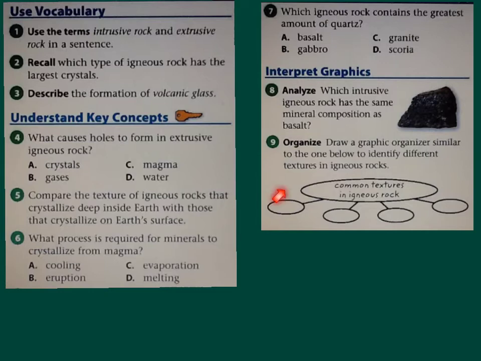So that was 1, 2, 4, 6, 7, and 9. Write those questions down in your science journal, answer them to the best of your knowledge, and we will go over those in class.